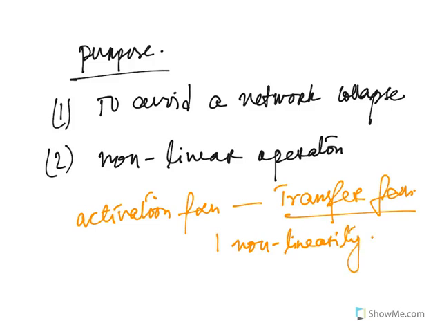So what I'm trying to say is that an activation function is an operation that takes a floating point number as an input and returns a non-linear output. So we're going to look into various activation functions.